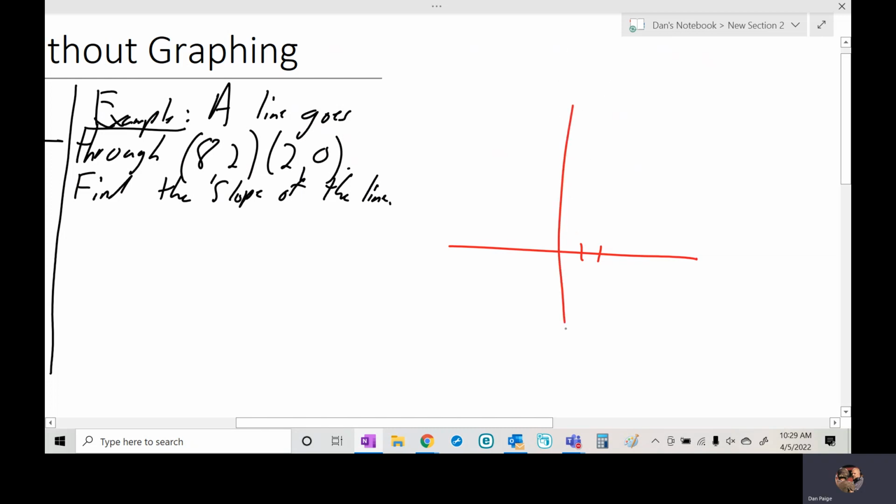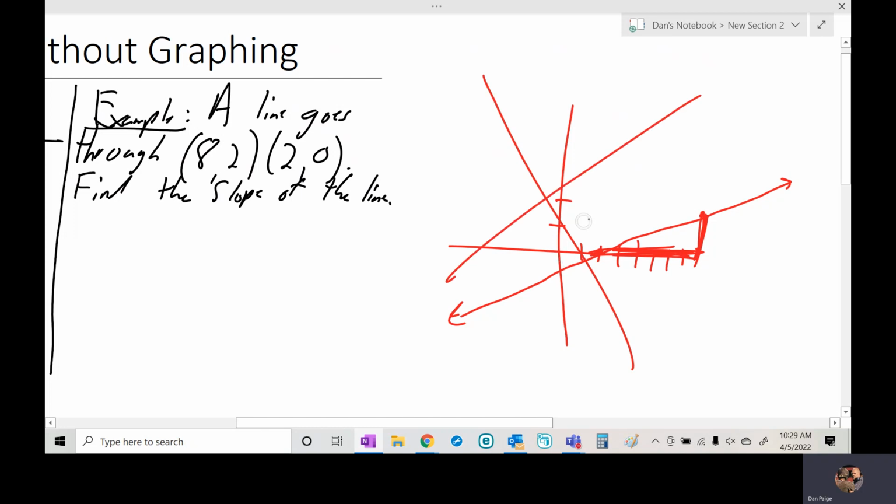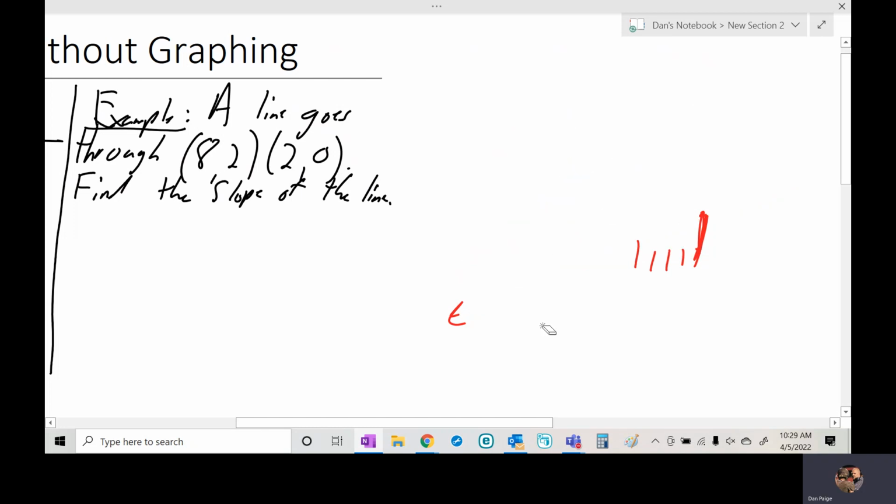That's embarrassing. A dotted (8, 2), and then a dot at (2, 0), and then a big long line. And then you guys sat there and drew in the rise and the run, and you figured it out. You could do that, but we're not going to be doing this. We're going to find the slope without making a graph.